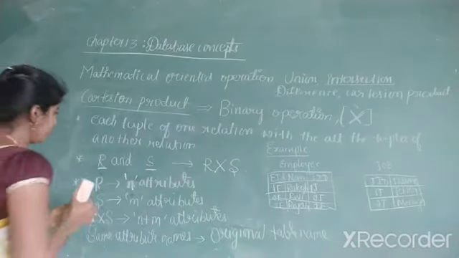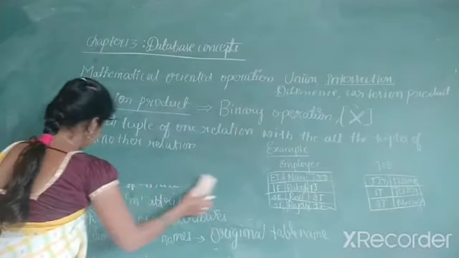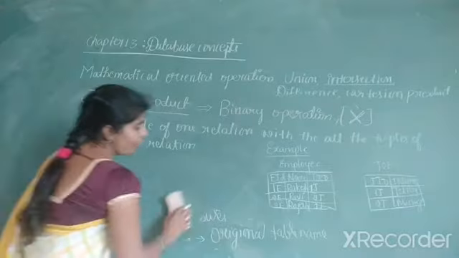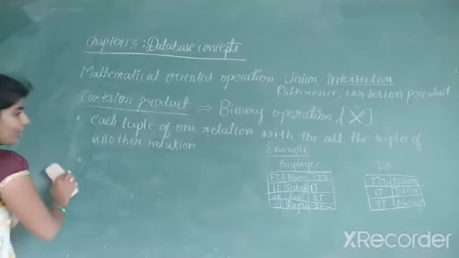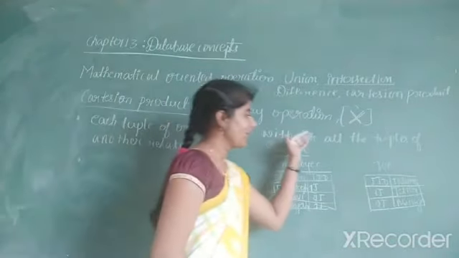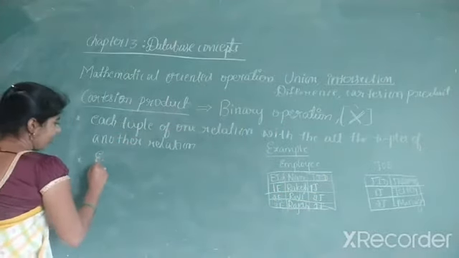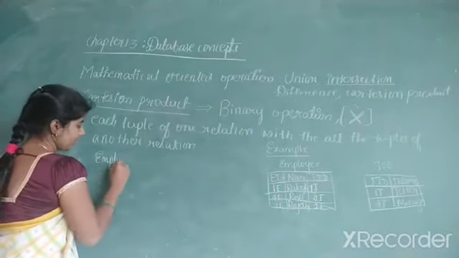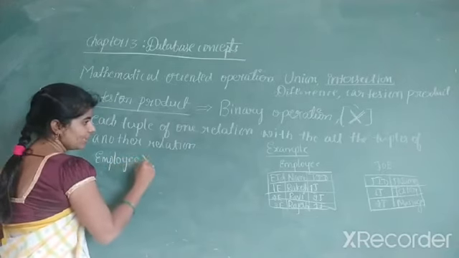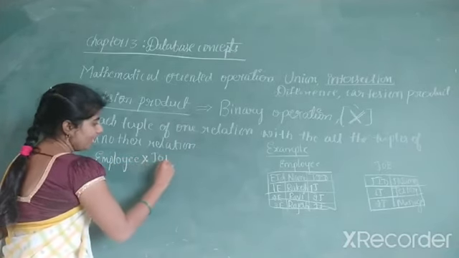And when you consider the example for this, now we want to write the Cartesian product between the relation employee and job table. That means employee cross job table.